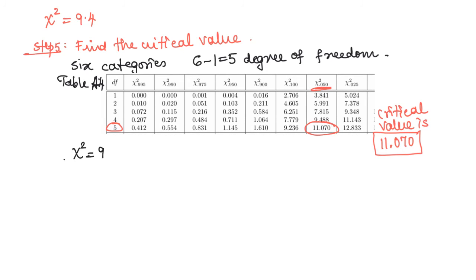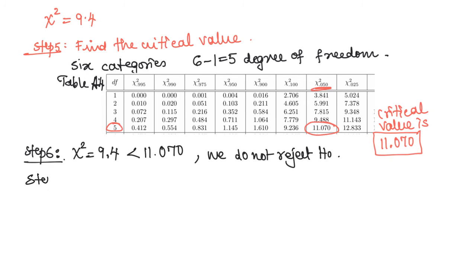So chi-square is 9.4, which is less than 11.070, so we do not reject the null hypothesis. We can conclude that there is not enough evidence to conclude that the die is unfair.